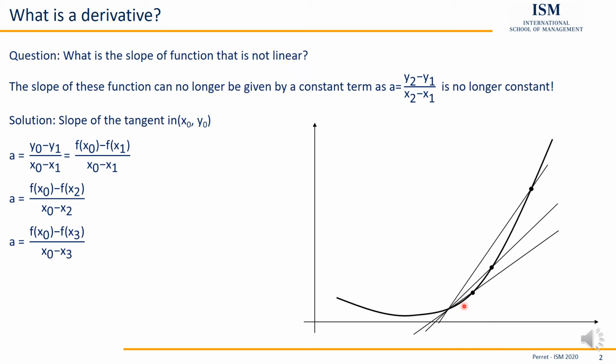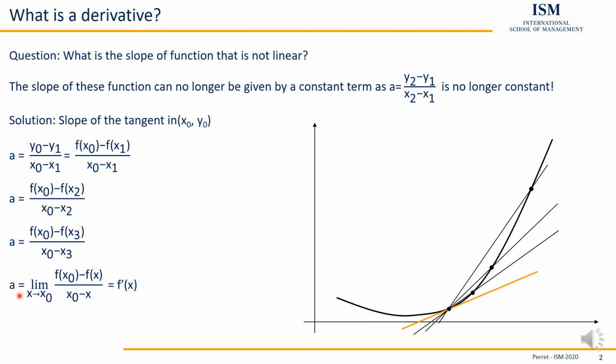We see it's almost the same slope as here. So we move this closer and closer until it's an infinitesimal distance to x0, y0. Then we actually get this tangent here, and this tangent has the same slope as this line.